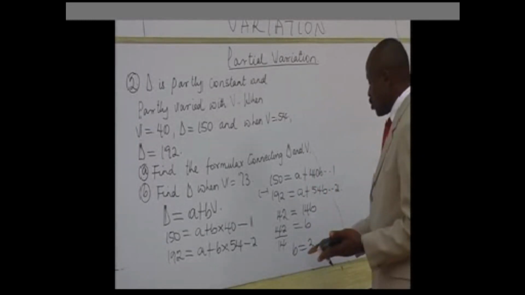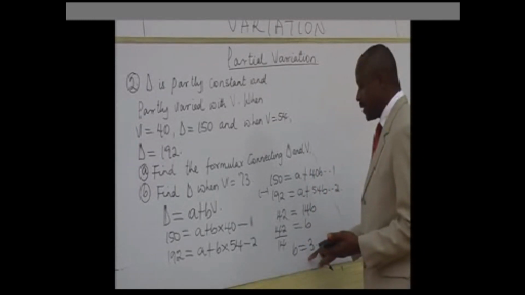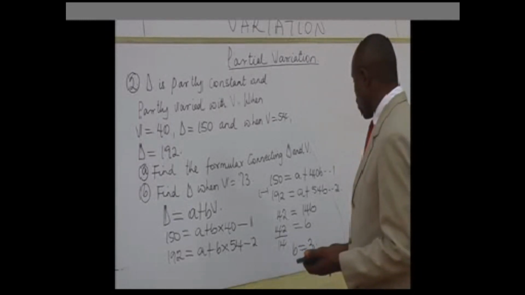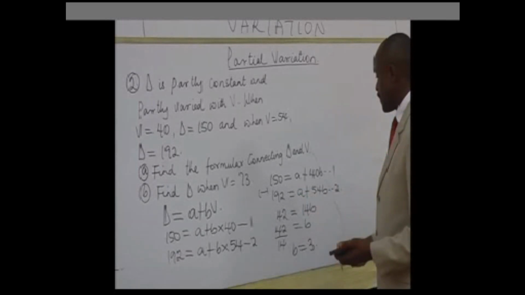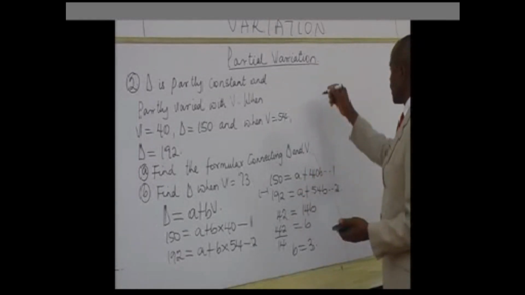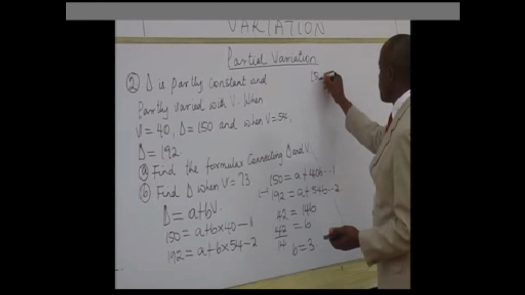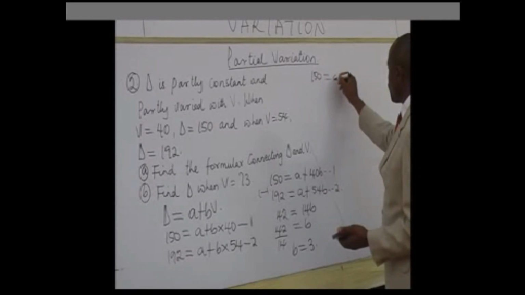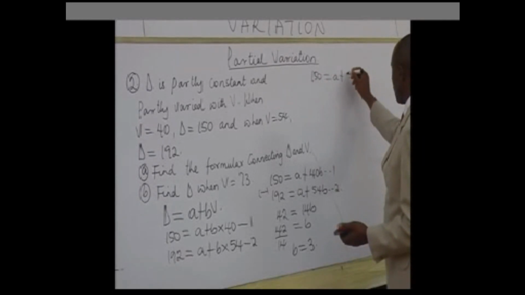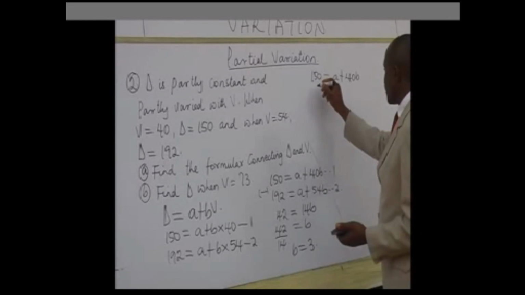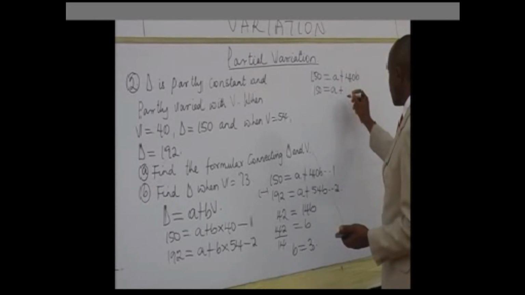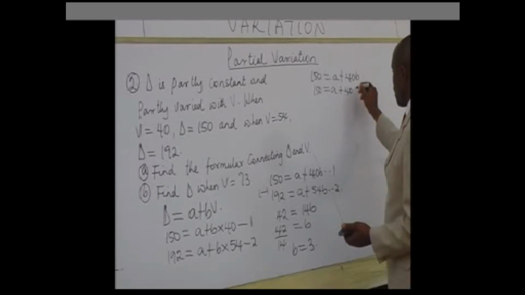We have to substitute the value of B to be 3 in either equation 1 or 2 to find the value of A. Let's take equation 1. Equation 1 reads that 150 is equal to A plus 40B. And you have discovered B to be 3. That means 150 is equal to A plus 40 times 3.